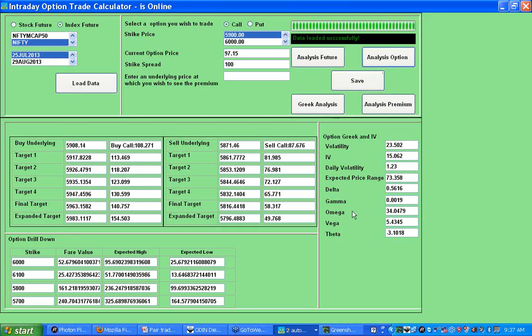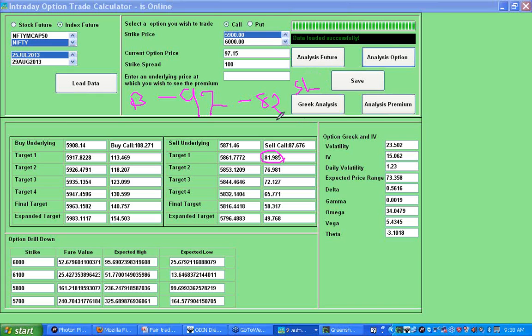Assume I am buying this call option at the current price of 97 and keeping the stop loss at 87, or even 82. Say 82. One faster target also I am keeping. Let me take some additional risk with this stop loss.